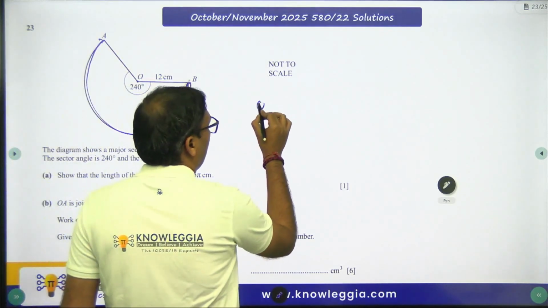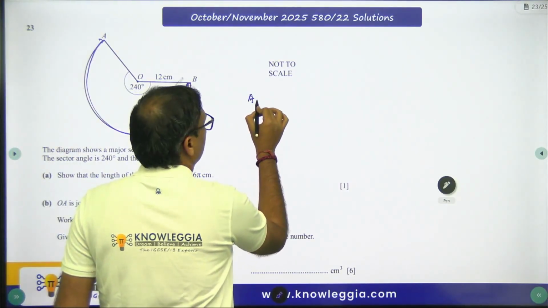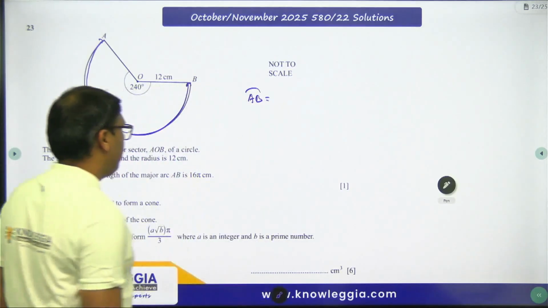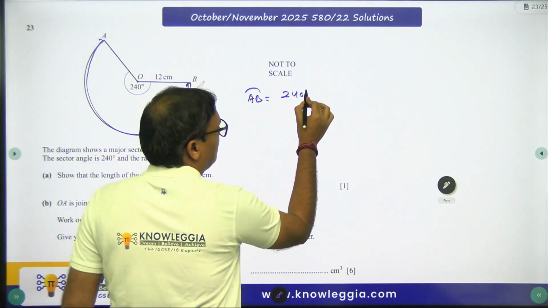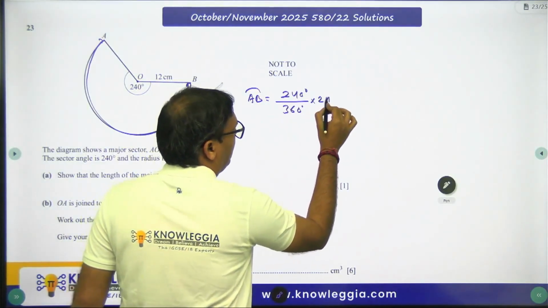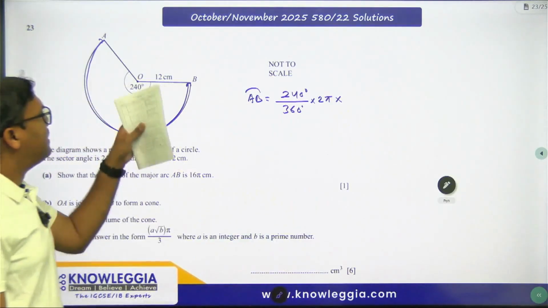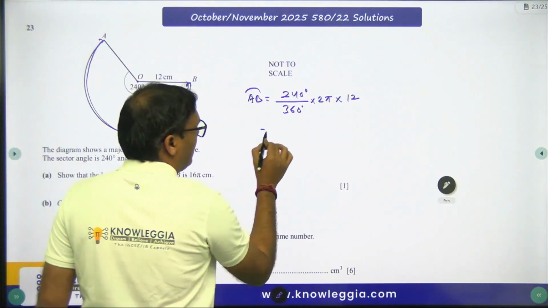So, what is the length of arc? This is equal to theta, which is 240 degree upon 360 degree into 2 pi r. What is radius? The radius is 12. Now let's calculate this.